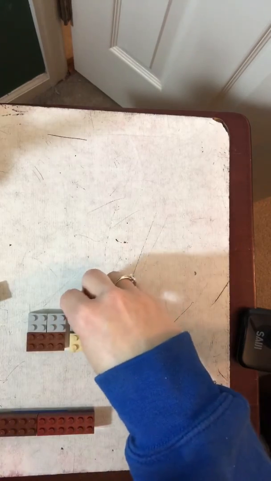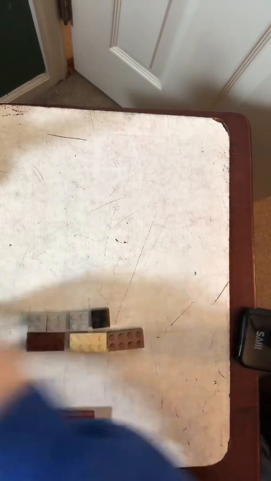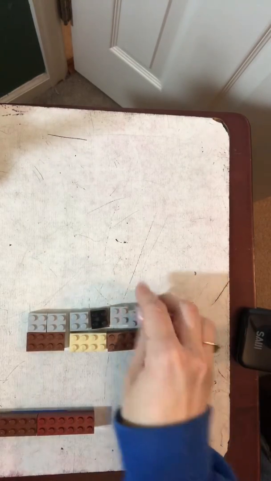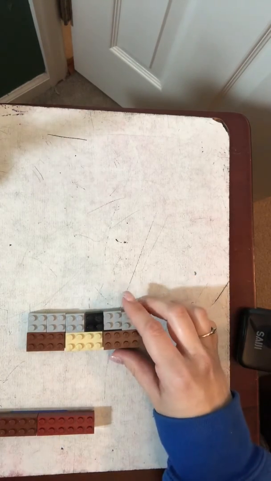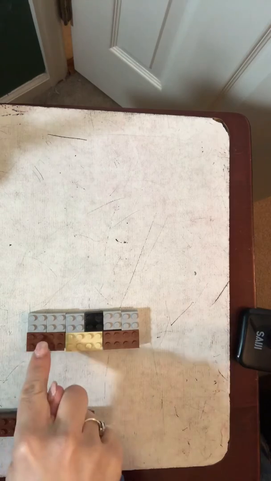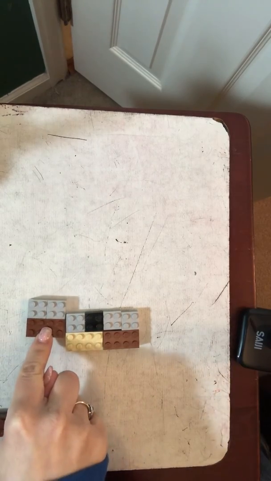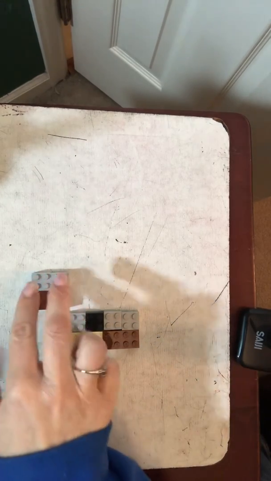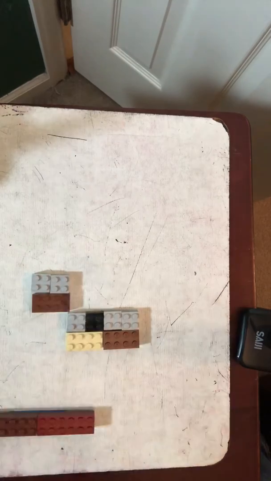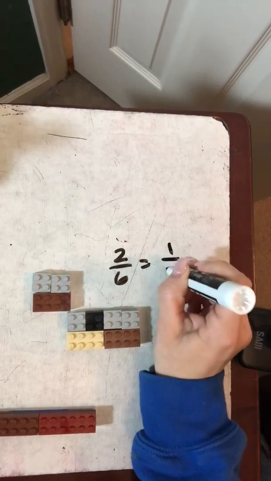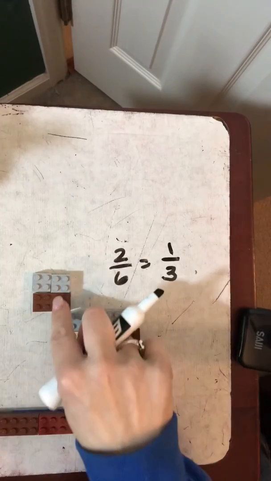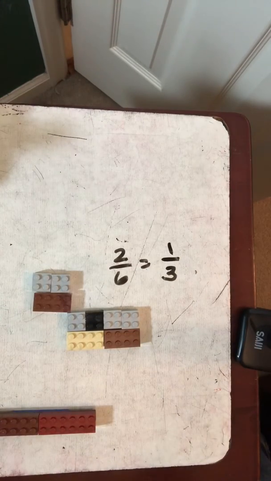Because remember, I needed 6 of these little guys here. Okay, there we go. How many sixths are equal to one of these thirds? 2 of them. 2 sixths are equal to 1/3. Or if you wanted to flip it around, 1/3 is equal to 2 sixths. It would go that way too.